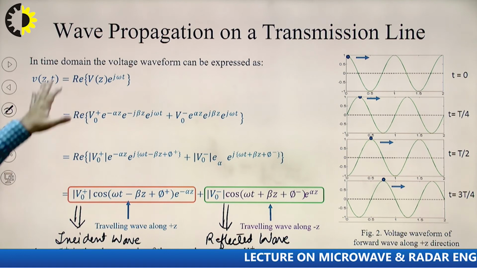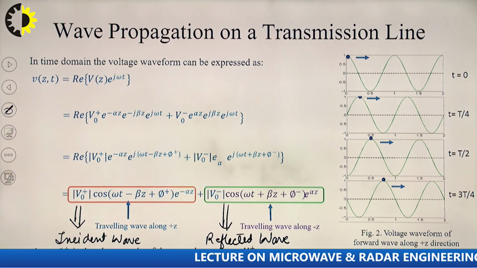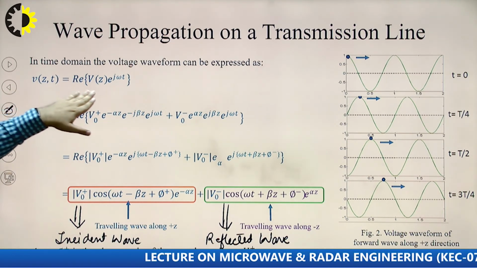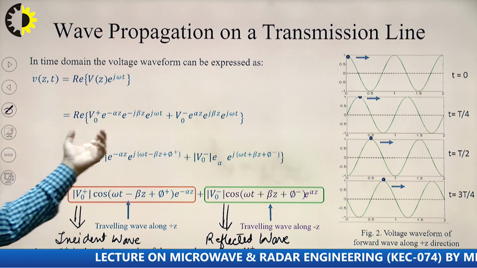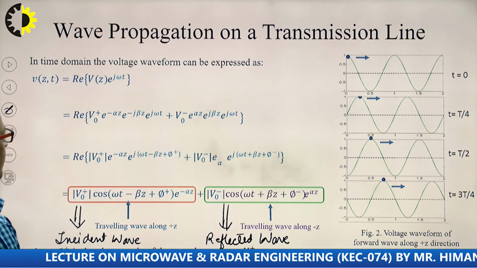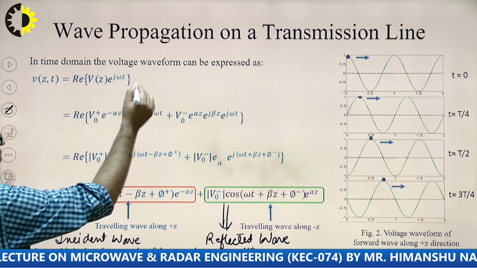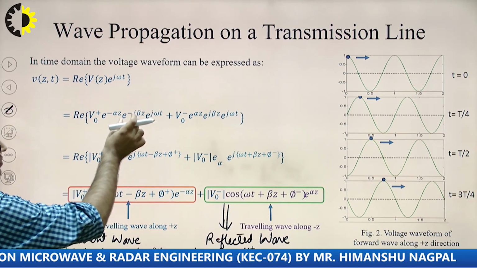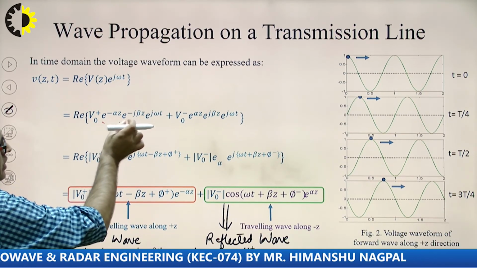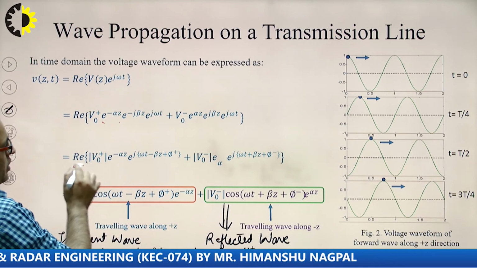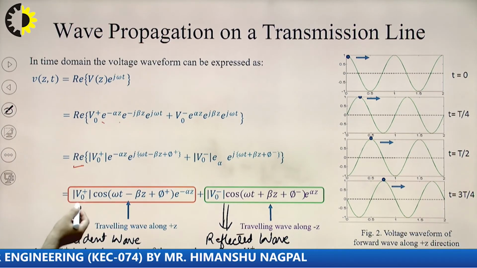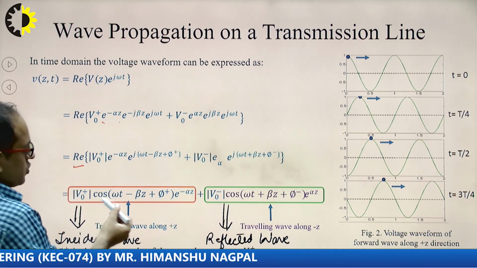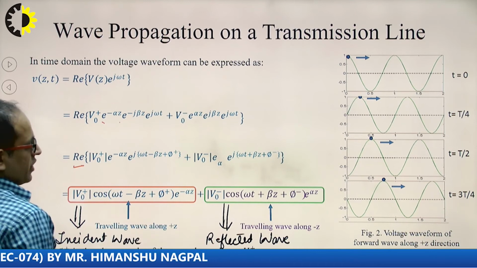Now in time domain, this voltage form is expressed as V of z comma t equal to the real part of V of z. Put the value of V0 plus. Now gamma equal to alpha plus j beta, so e to the minus alpha z, e to the minus j beta z. Taking the real part, you will get V0 plus e to the minus alpha z cos of omega t minus beta z plus phi plus.